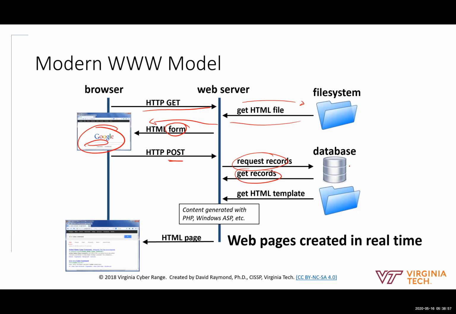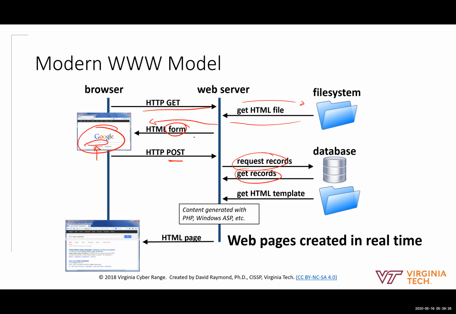And the thing about a database is you can request data out of a database, but you can also change data in a database. So if I know what I'm doing with database languages and I type the wrong thing into this web form, I could potentially cause this database not only to return data that it shouldn't return, but I could potentially even get it to manipulate data in the database or delete stuff in the database.